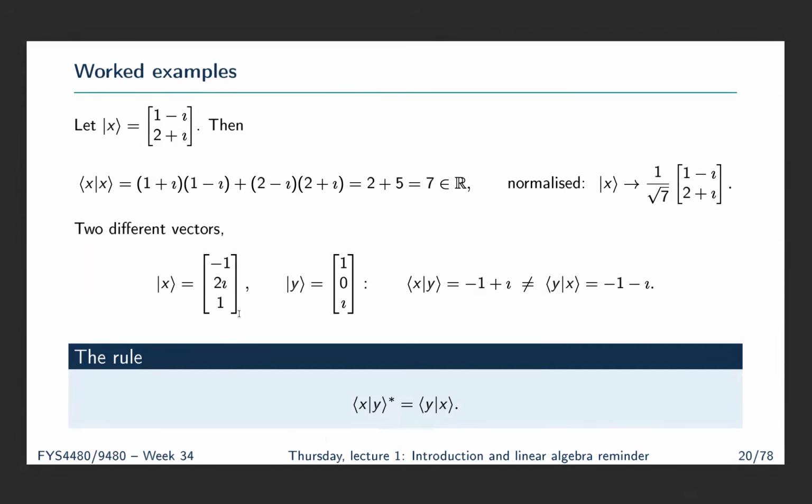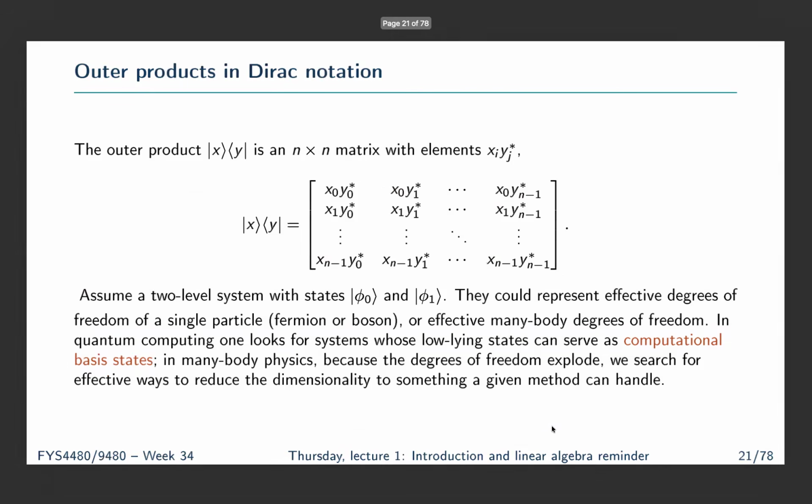And there's an important rule here: when you look at complex conjugation, this is something which we will use repeatedly. This is a reminder of some basic quantum mechanical aspects. The outer product, which we mentioned earlier, instead of X times Y transpose, is now written in this Dirac bracket notation. And this is what it turns out to be.